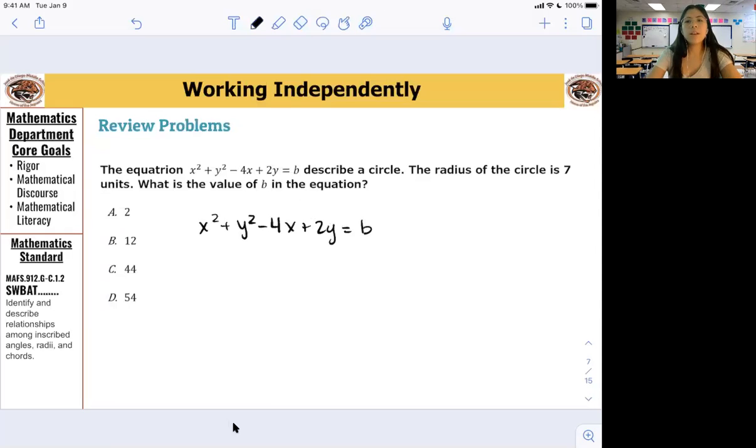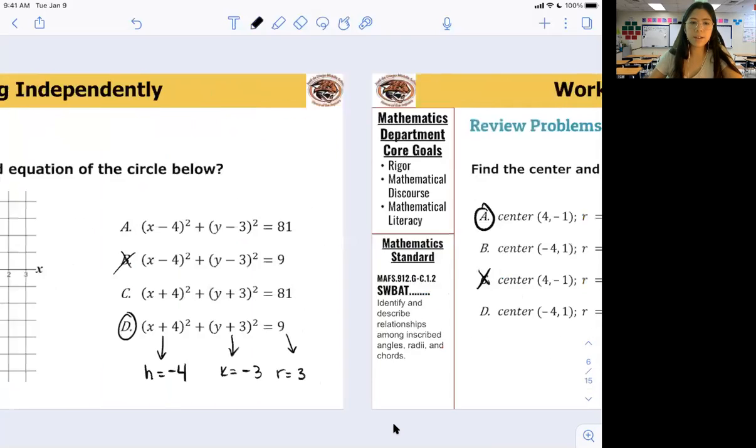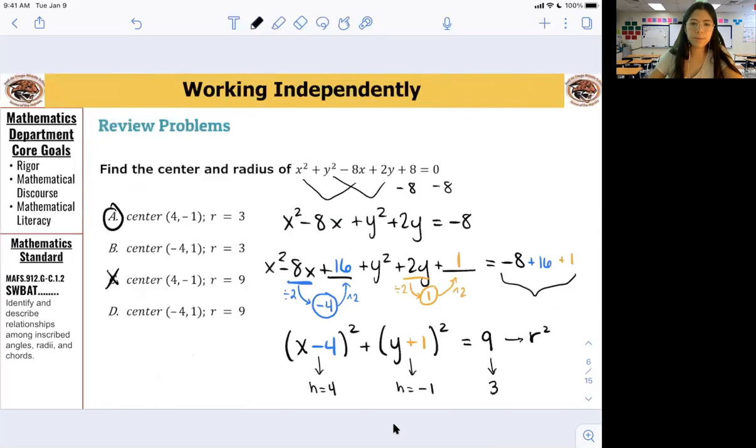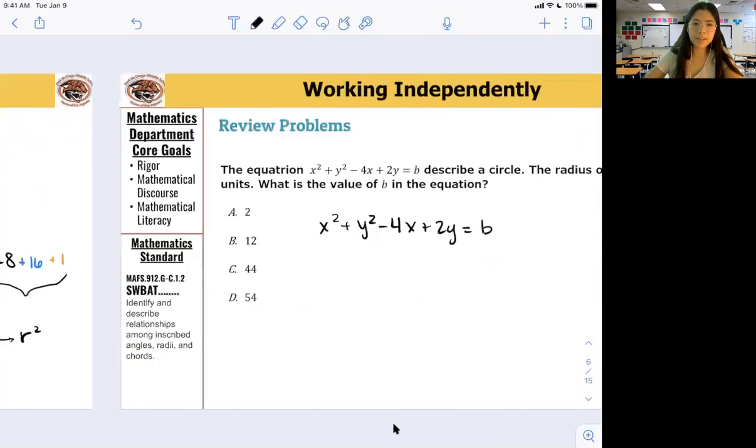All right. So I have this equation, and in order to know the actual radius of the circle, what do I have to do to this equation? Is it in standard form? Right, Tyrone already knows. So we're going to need to turn it into standard form. We're going to treat this like the question that we just did before, with the same exact steps.